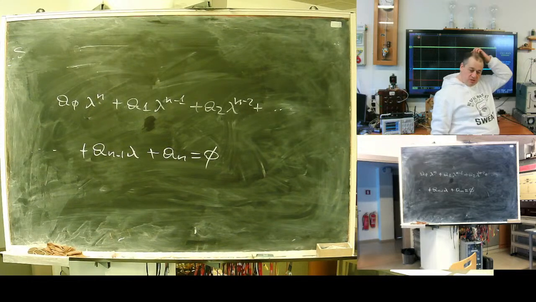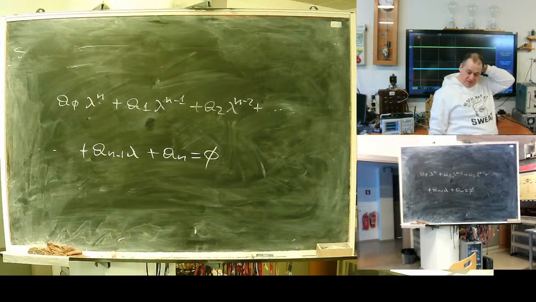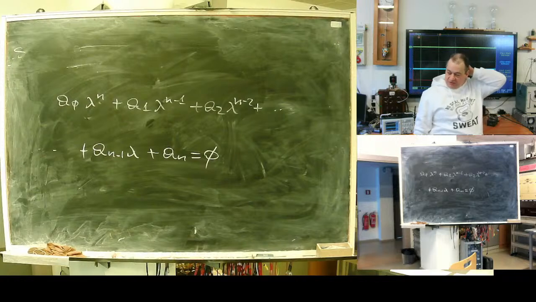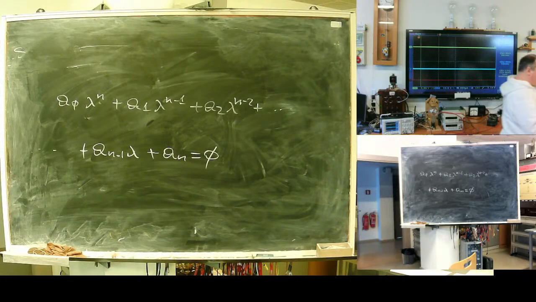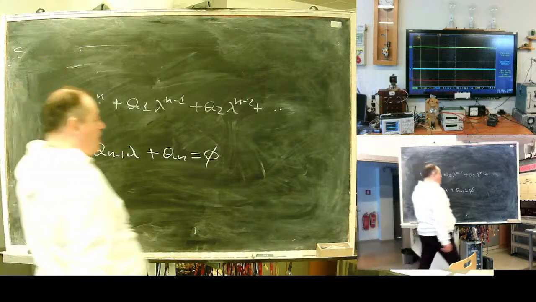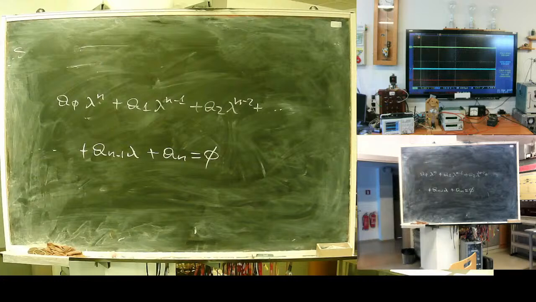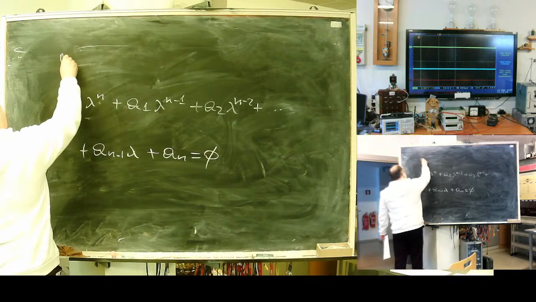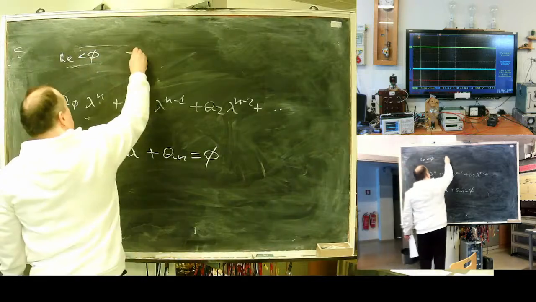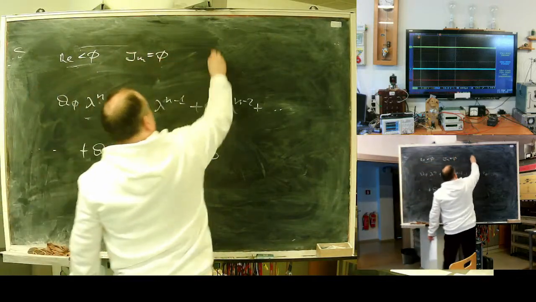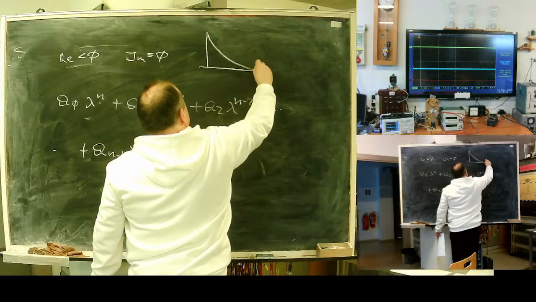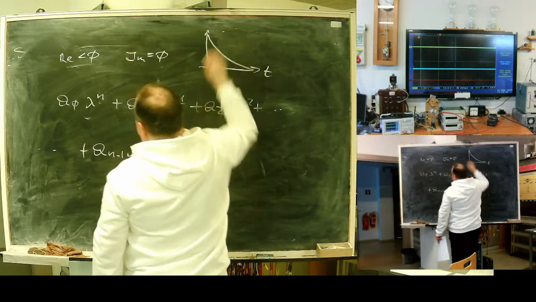What are these roots, in fact? They can be real, positive, negative. If they are negative, in time it's a decaying exponent. These lambdas are characteristic of the process. If they are negative, real, we have decay: real less than 0, imaginary 0.